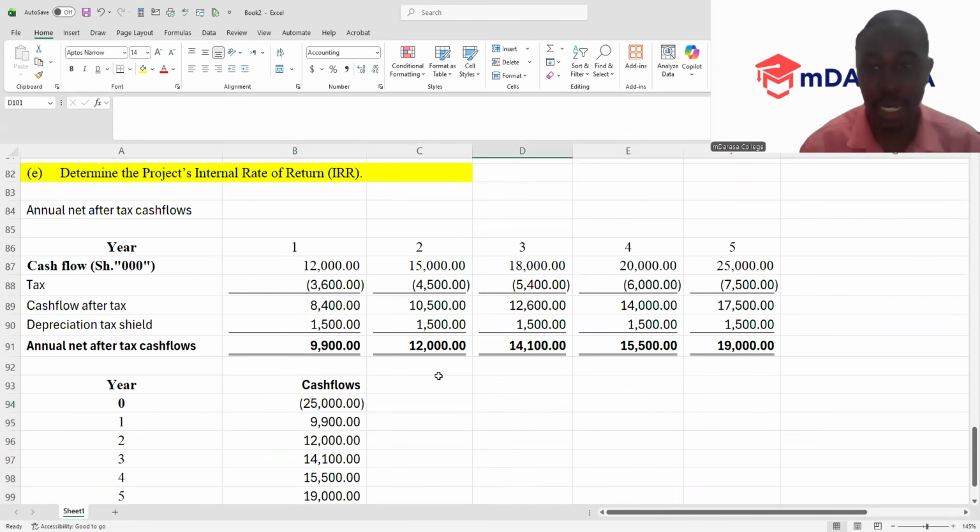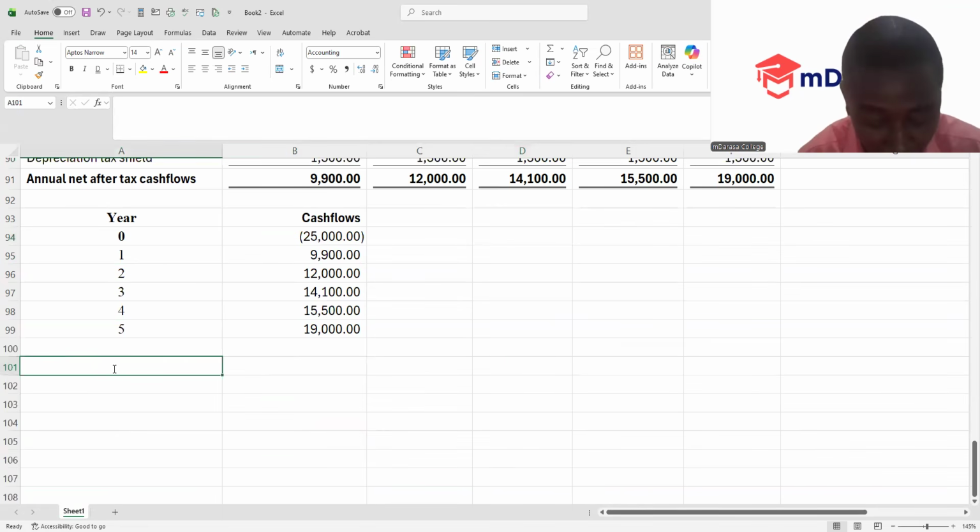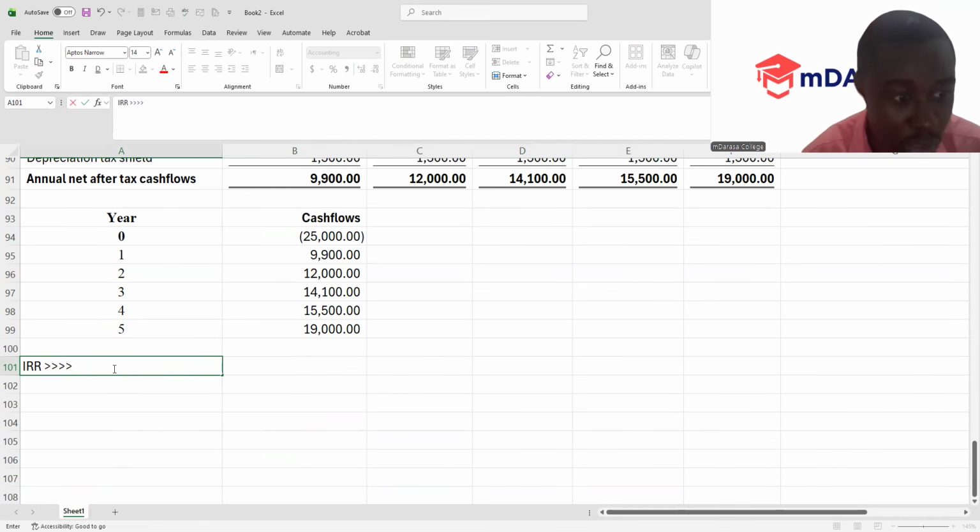Remember, we had been guided about these concepts of IRR. So easily, we can agree that to determine our internal rate of return, we are going to use the IRR function.